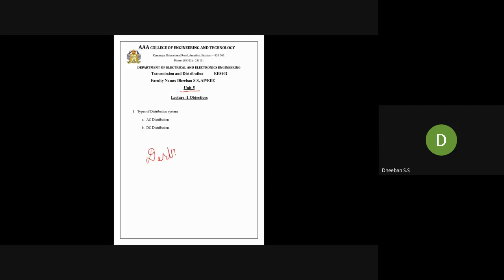Till now, your Unit 1 was an introduction to your T&D, whereas Units 2, 3, and 4 were entirely about your transmission side.